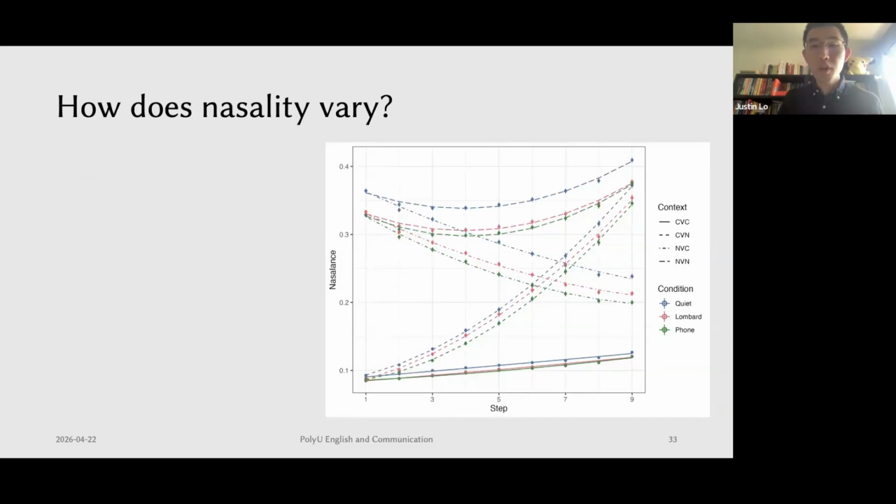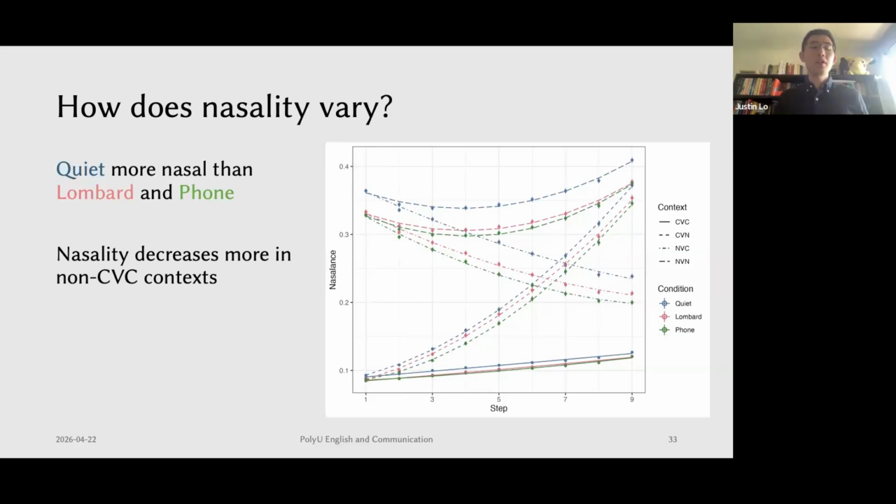If we look at nasality first, we're comparing the use of nasality across these different contexts. What we're particularly interested in is that upward curve, the coarticulatory context, CVN. What we find is that in the quiet condition, speakers are more nasal than in Lombard speech.